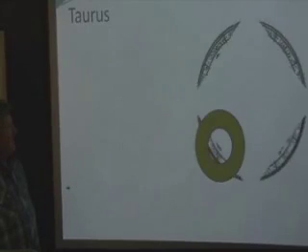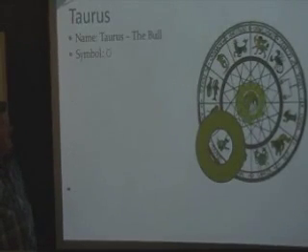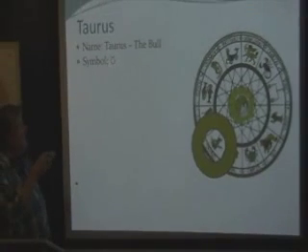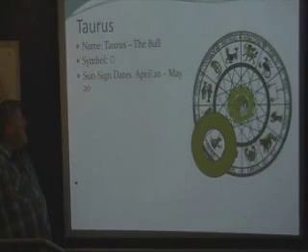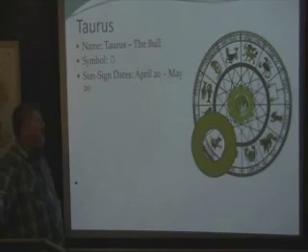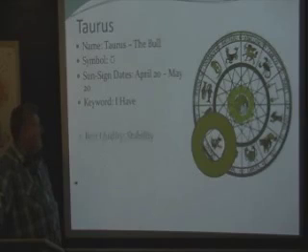Let's talk about Taurus. The bull. The symbol you can see is the head of the bull, the shorthand or hieroglyphic. The sun goes through Taurus approximately April 20th to May 20th. The key word for Taurus is I have. So it implies possessiveness or acquisitiveness.